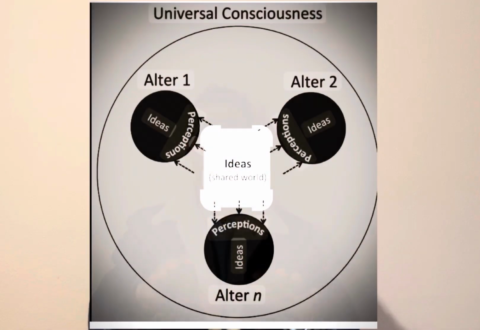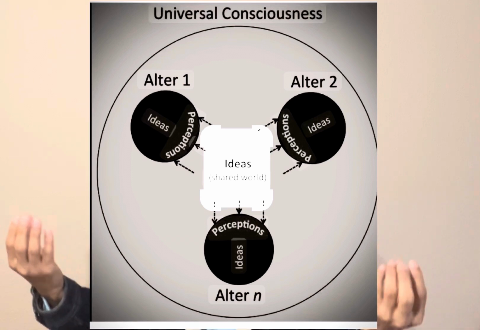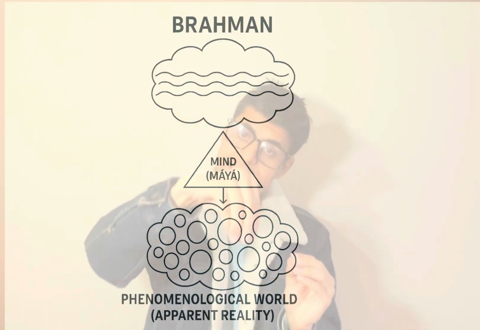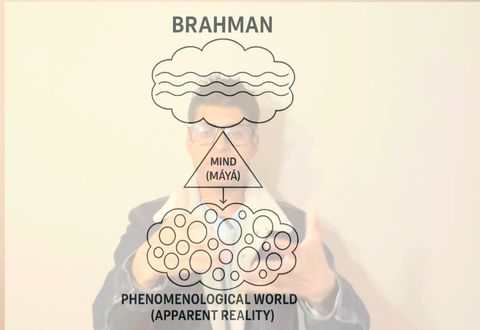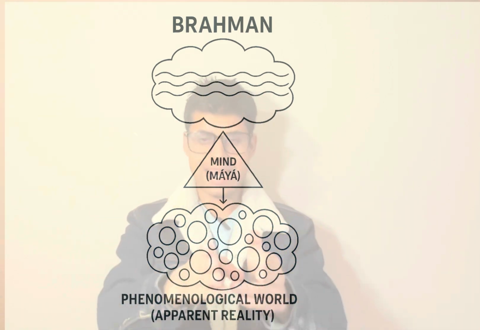So similarly, the Brahman is immaterial cosmic mind, so that's why it can dissociate into as many conscious agents as possible, and each one of these conscious agents is actually experiencing Brahman itself. However, since all of them are dissociated, there's no direct contact between them.